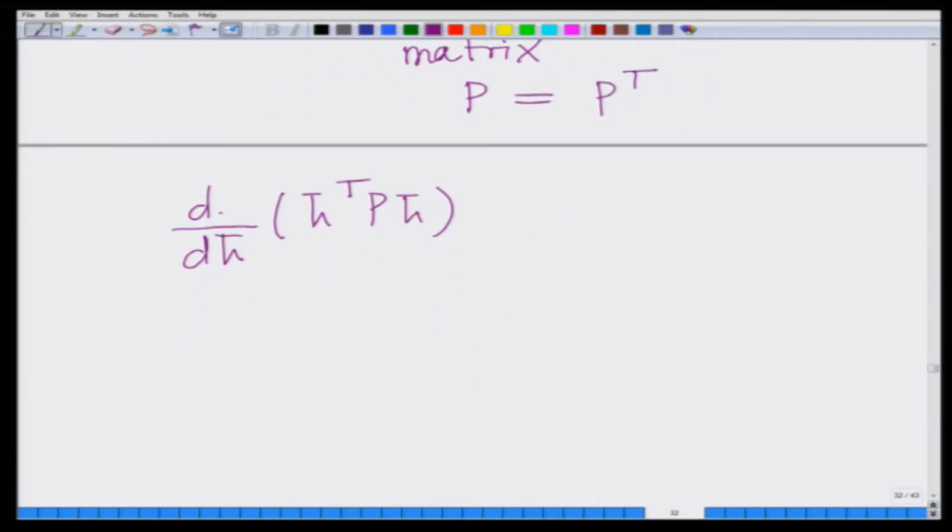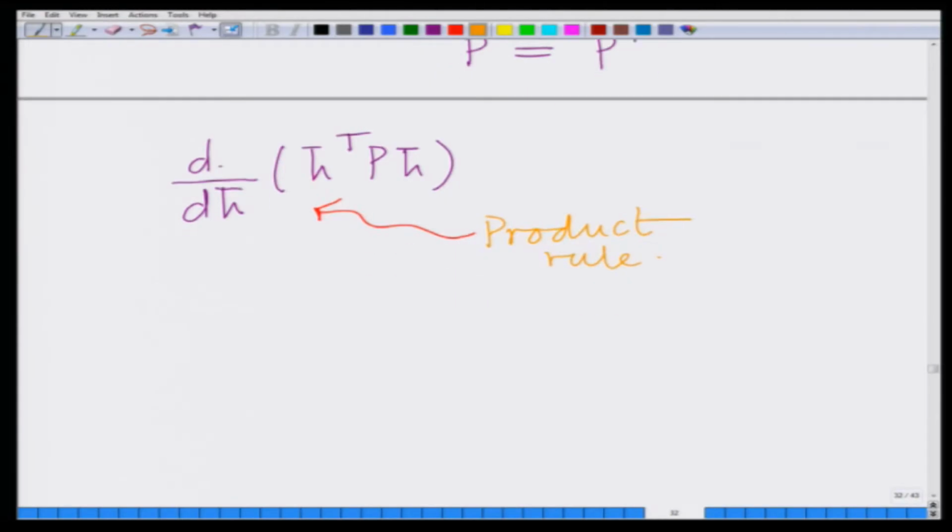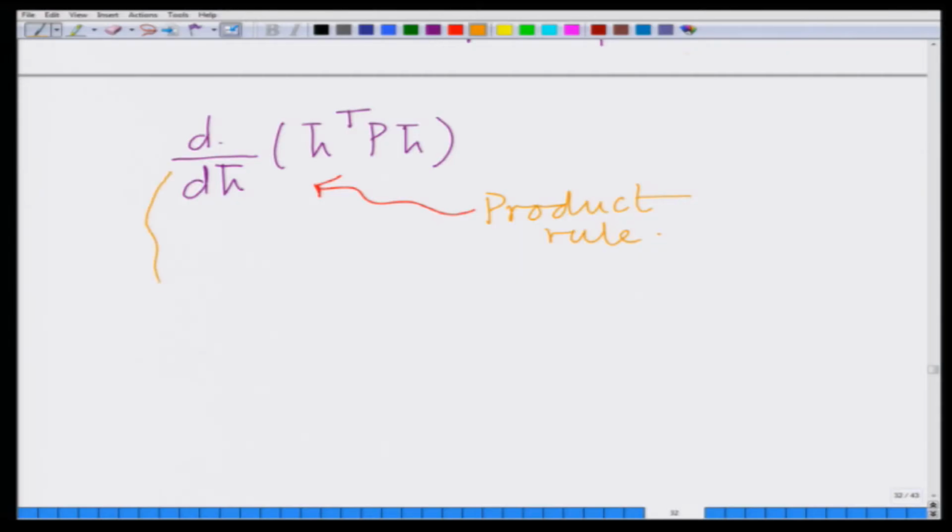I can use the product rule for computing the derivative.